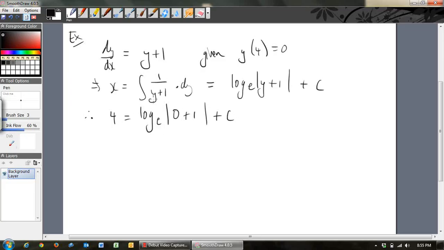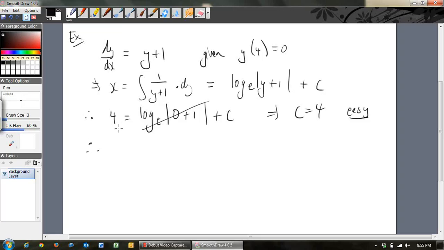You can see how easily this drops out. This is log e of 1, which is 0, so that cancels out, and that tells you that c is equal to 4. Easy. That's just getting used to knowing how these things work, and this is just practice.